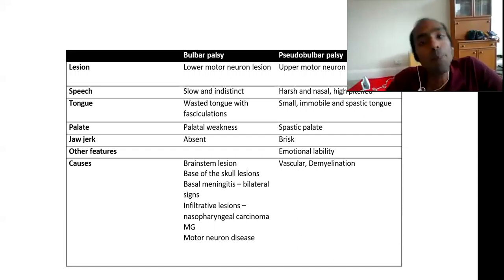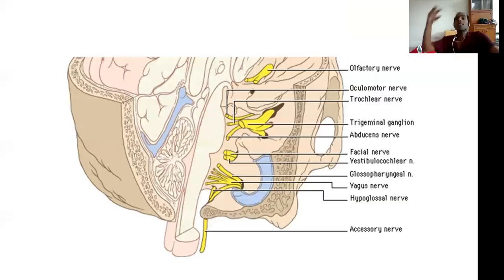And in bulbar palsy, the lesion can be anywhere from the origin of these cranial nerves within the brainstem to their output, where it leaves the skull base through various foramina.